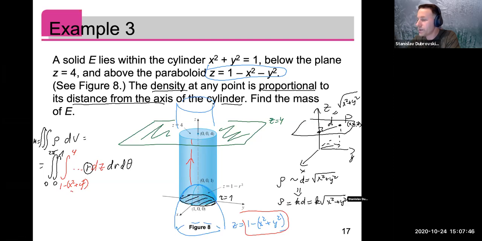So if that's our density, we'll just plug it into the integral, and instead of dot, dot, dot, we will have k, which we can take outside. And notice that in polar coordinates in the xy plane, this is just kr. So we can just put r here.